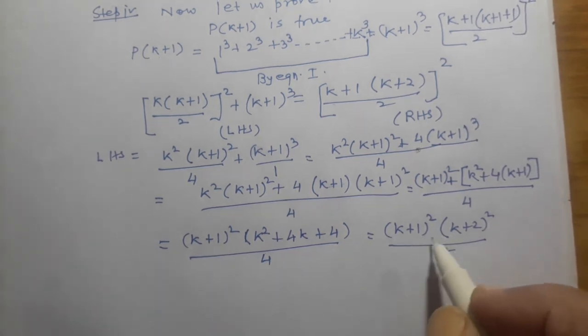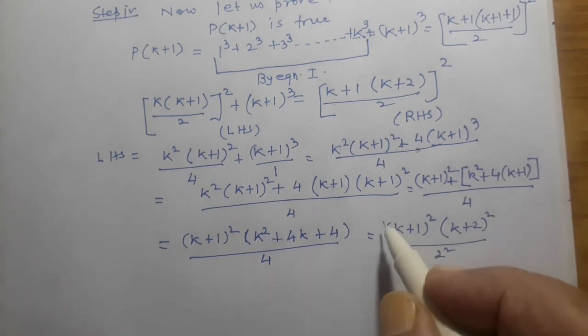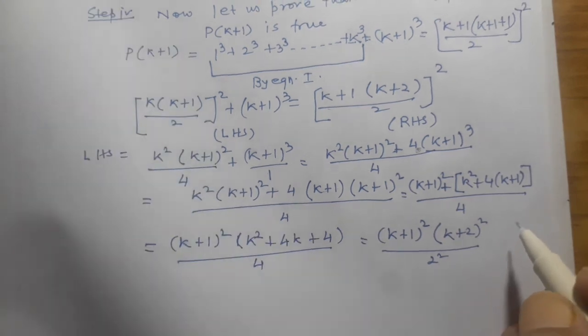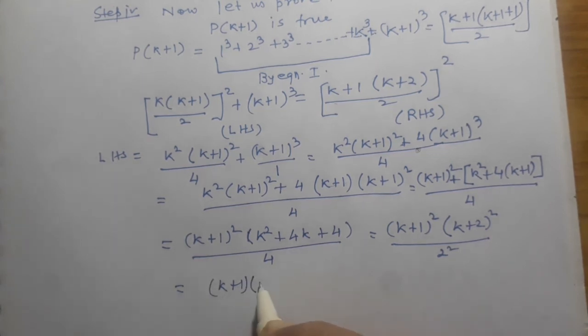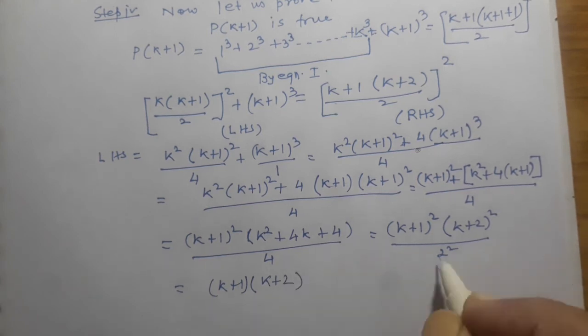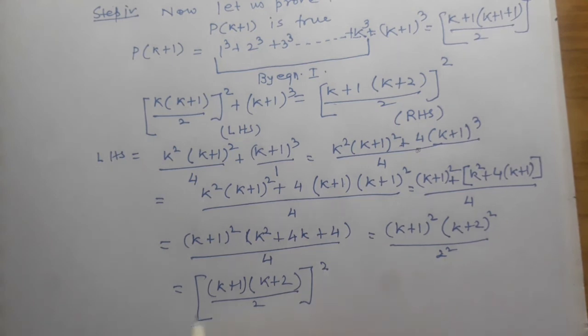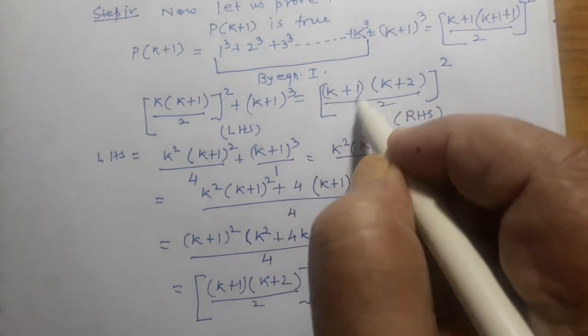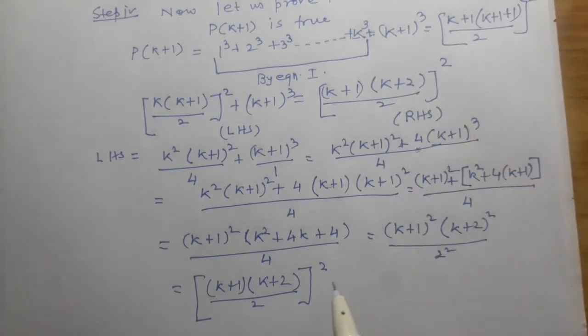Here it is also a square, here it is also a square, so it is also a square. So we shall write it as k plus 1 into k plus 2 by 2, over all square, and this is our RHS. k plus 1 into k plus 2 by 2 over all square, this is our RHS.